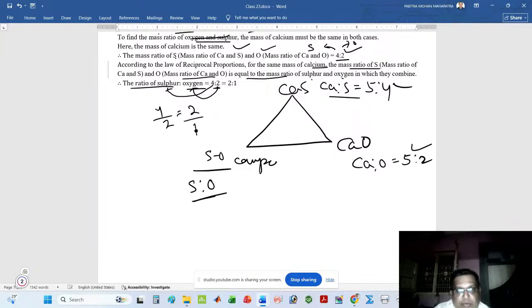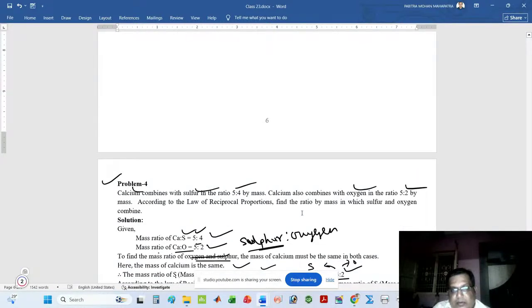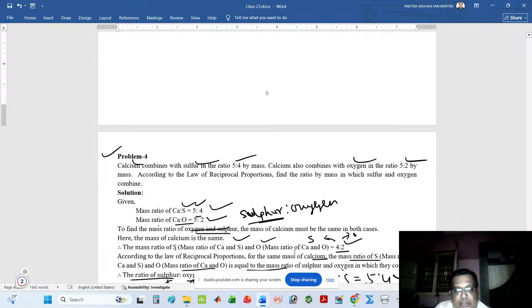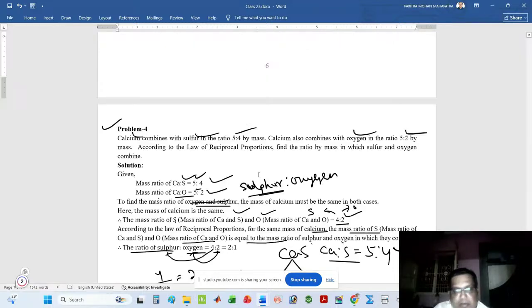So here I can write 2:1. So our target was what? According to the law of reciprocal proportion, find the ratio by mass in which sulfur and oxygen combine. So the ratio by mass in which sulfur and oxygen combine is 2:1. This is the answer. This is all about the law of reciprocal proportion.